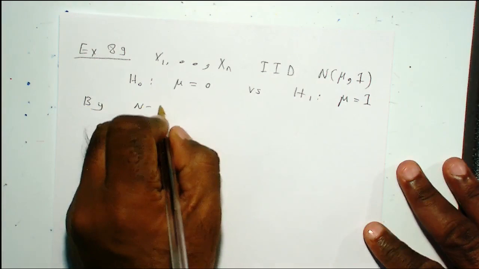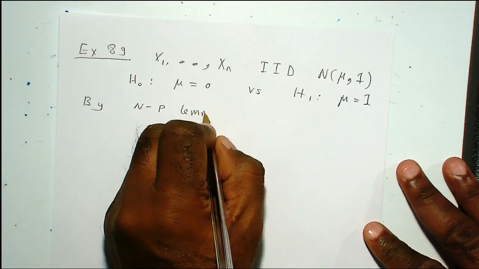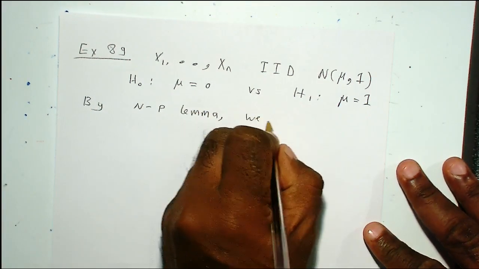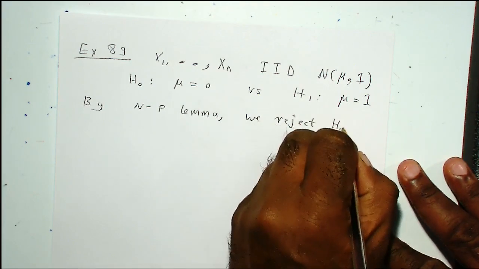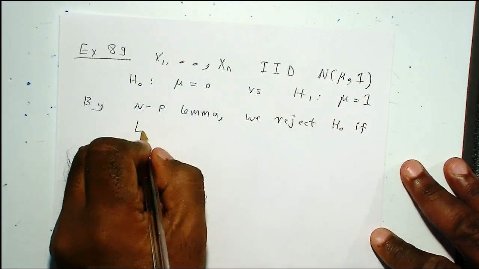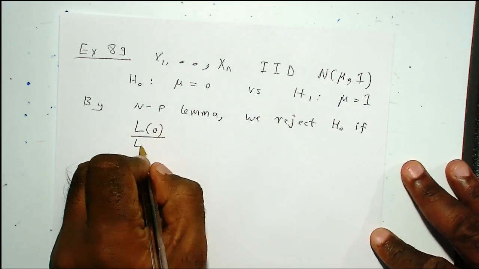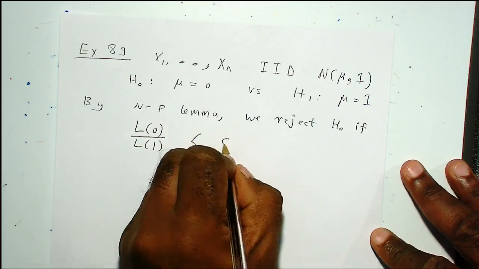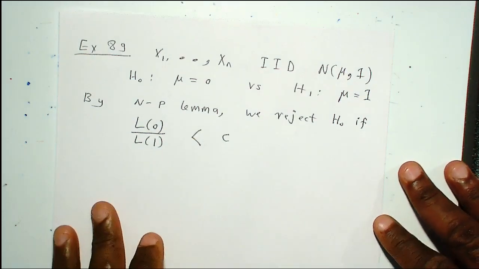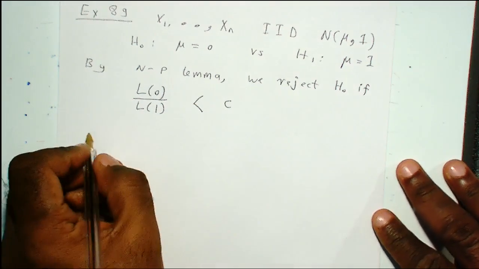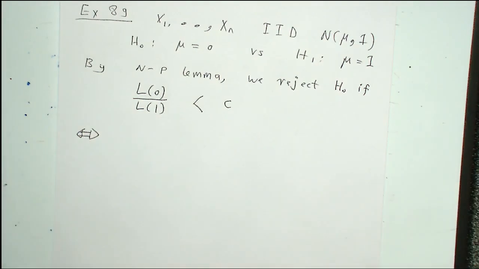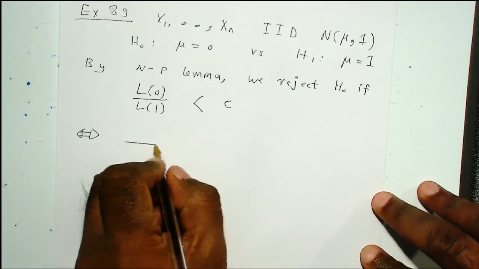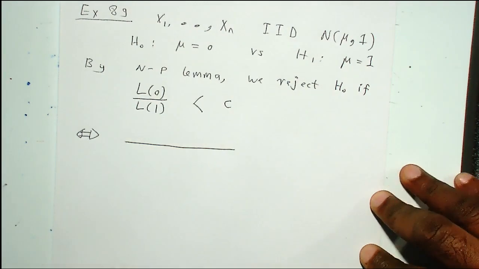The first thing you must write is the following. By the NP lemma, we reject H0 if the likelihood at 0 divided by the likelihood at 1 is less than a constant C. I think I have done enough examples on NP, so you should know how to do it, guys. Now, the likelihood at 0.